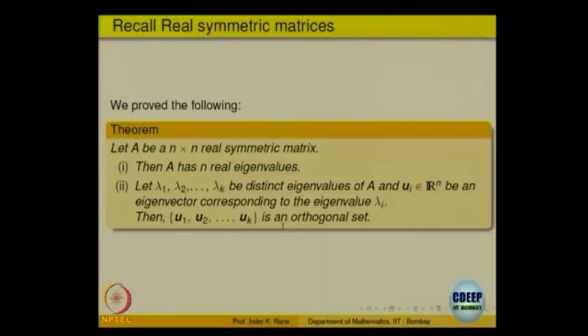So using this, because it already has n eigenvalues, there will be n eigenvectors, right? And we already know that because they are orthogonal, they are also linearly independent.